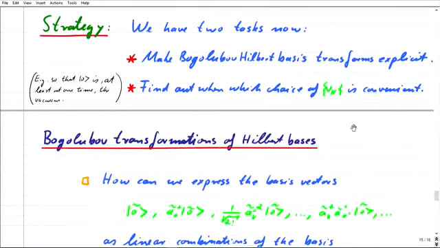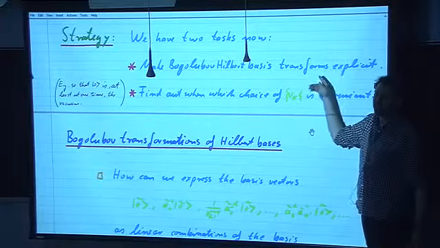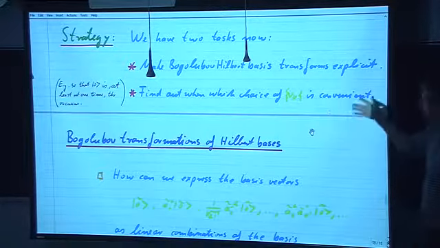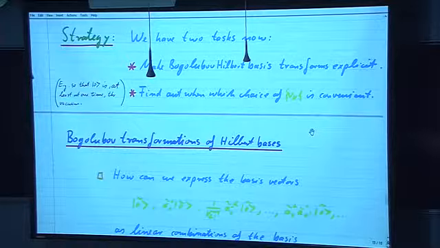Okay, so we have 2 tasks now. First, we need to make those Bogoliubov Hilbert basis transforms explicit, because we will need them. We will have explicit Hilbert basis pairs, and we will need to calculate how the one basis is expressed in terms of the other.